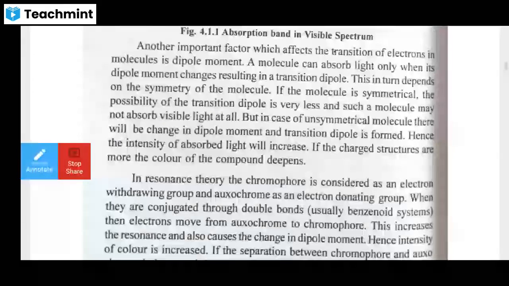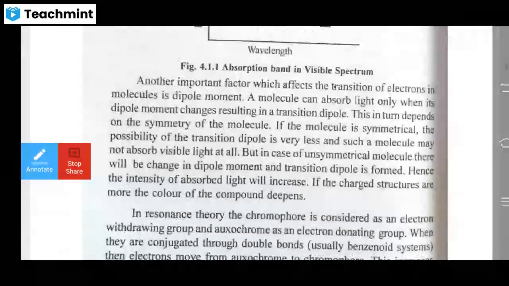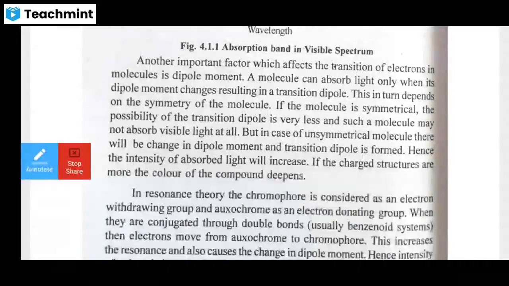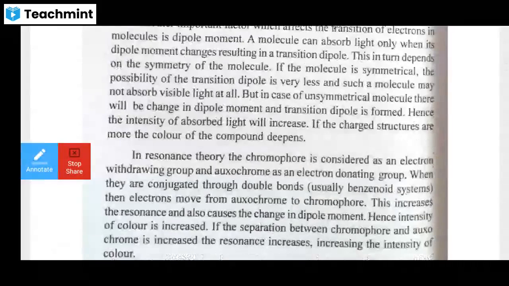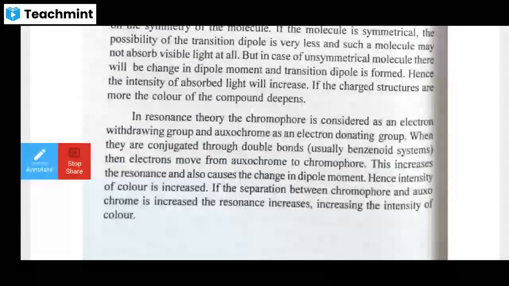Another important factor which affects the transition of the electron in the molecule is the dipole moment. A molecule can absorb light only when its dipole moment changes, resulting in the transition dipole moment. And this depends on the symmetry of the molecule. If the molecule is symmetrical, then the possibility of a transition dipole is very less because there is no charge separation.